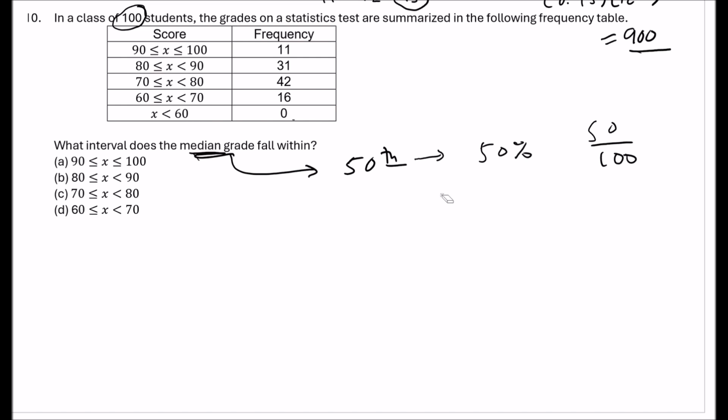So we have 0, this is going to be 16, but 16 plus 42 is 58%. Okay, so that means we're already in that area of the median. So it has to be between 70 and 80. So it has to be somewhere in that range. Okay, so the answer has to be C.